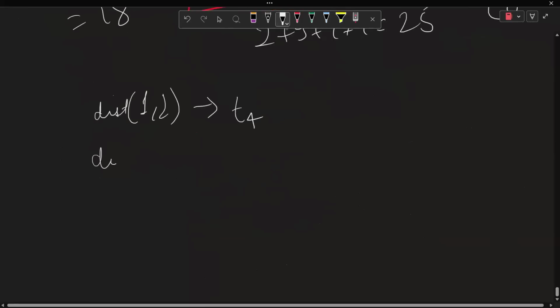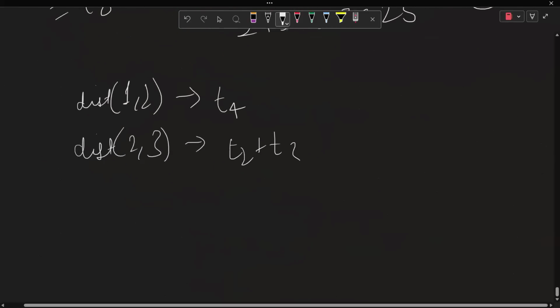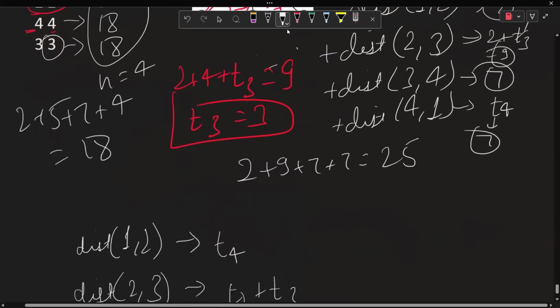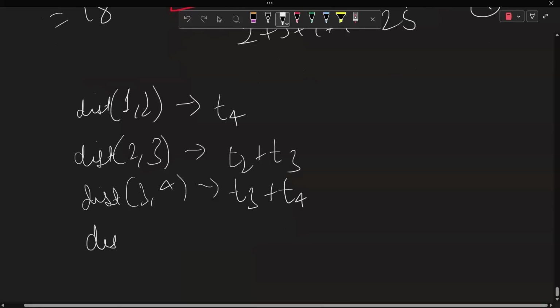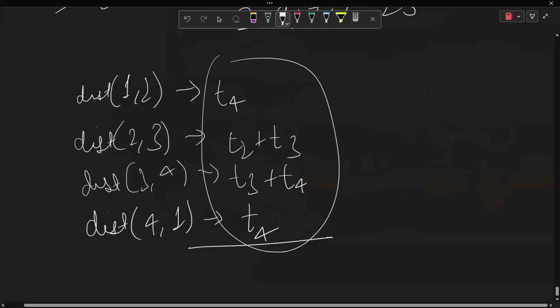Distance 2 to 3 was T2 plus T3. Distance 3 to 4 was T3 plus T4. And then you have distance 4 to 1, which was T4. So finally, what you need to find is the sum of all these values.